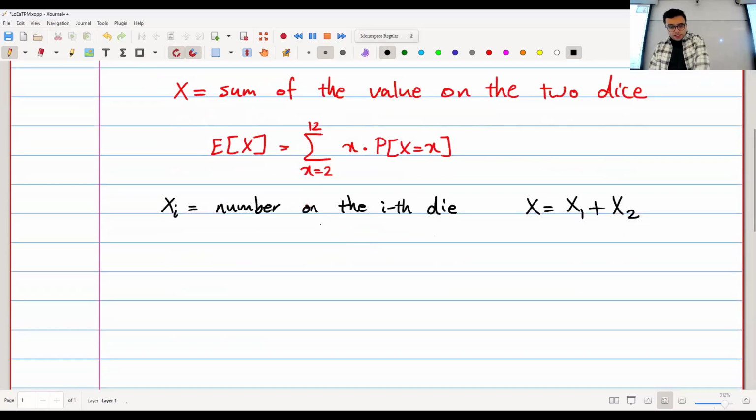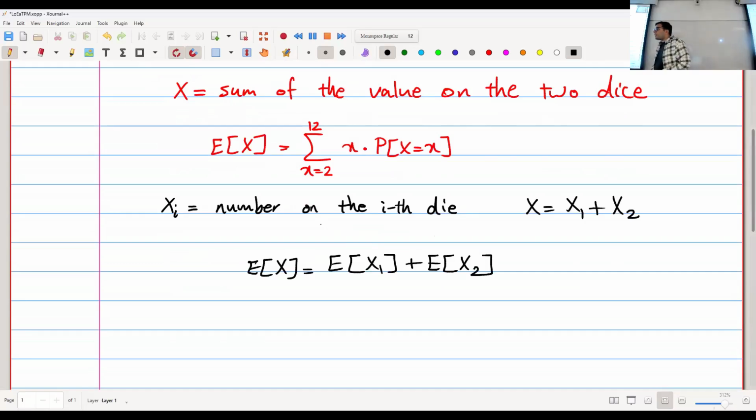So I can now say that the expected value of x is just the expected value of x1 plus the expected value of x2. But finding the expected value of x1 is super easy. It's just what is the average value in the first die? What is the average value? My numbers are from 1 to 6. The average value is 3.5, right?